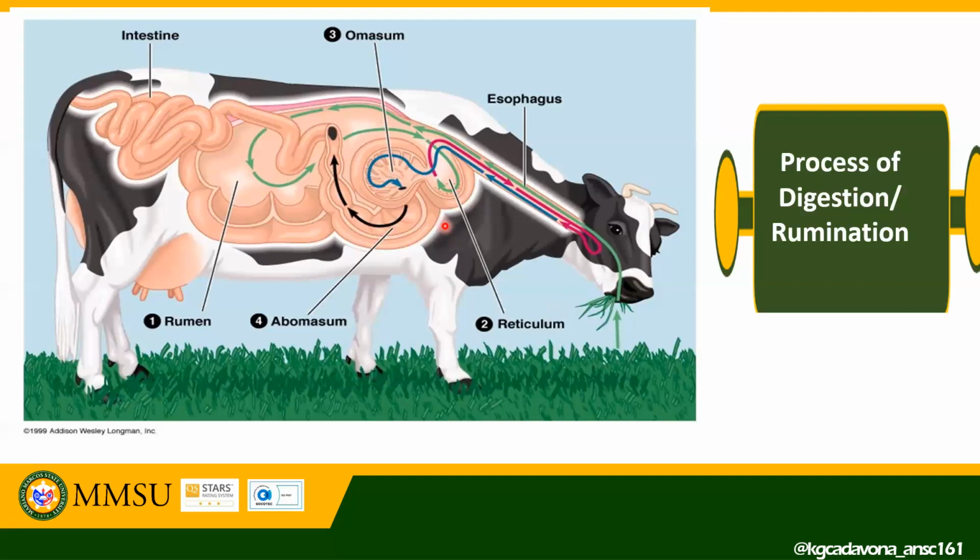Okay? Then after reticulum, this will now be the time that it will go back to the mouth to be reswallowed, to be regurgitated, and then to be reinsalivated. So yun yung tinatawag natin na rumination na.